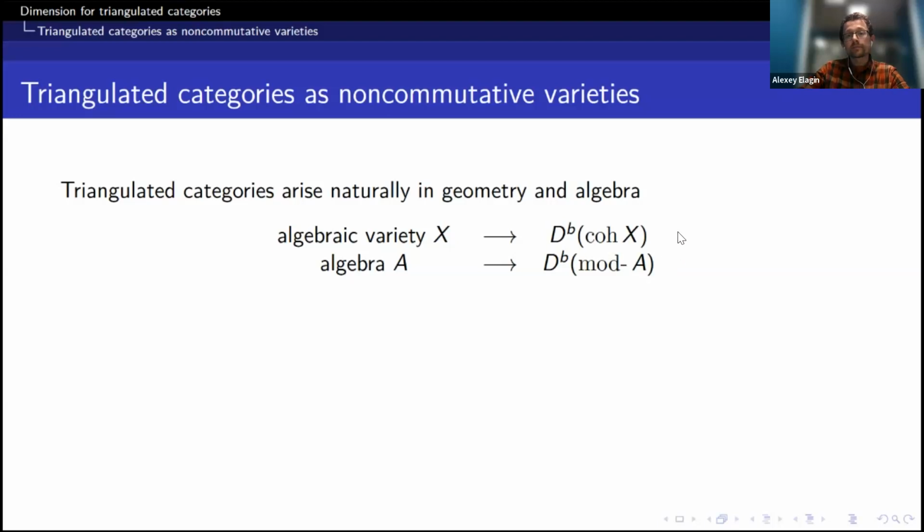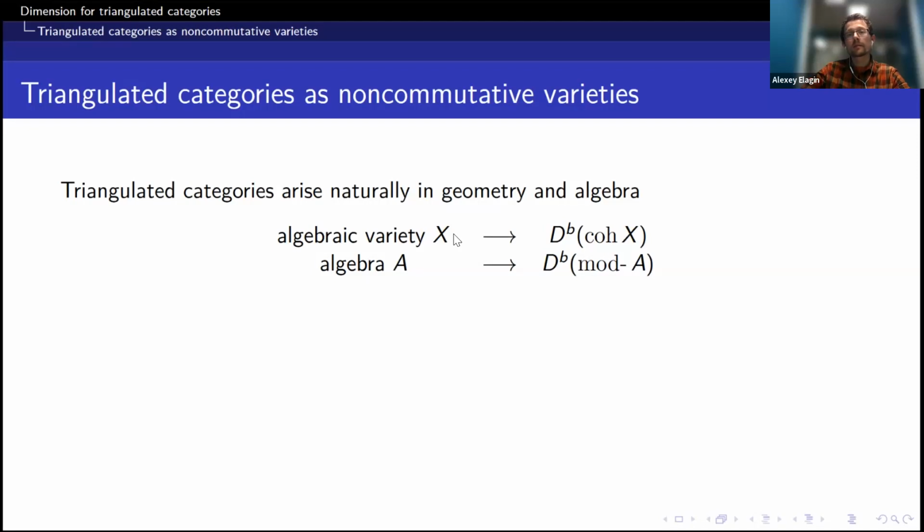And we can call this categorical algebraic geometry, when we study varieties through studying their derived categories and try to find on the categorical side analogs, reflections, interpretations of some constructions, theorems, facts that we have for varieties.